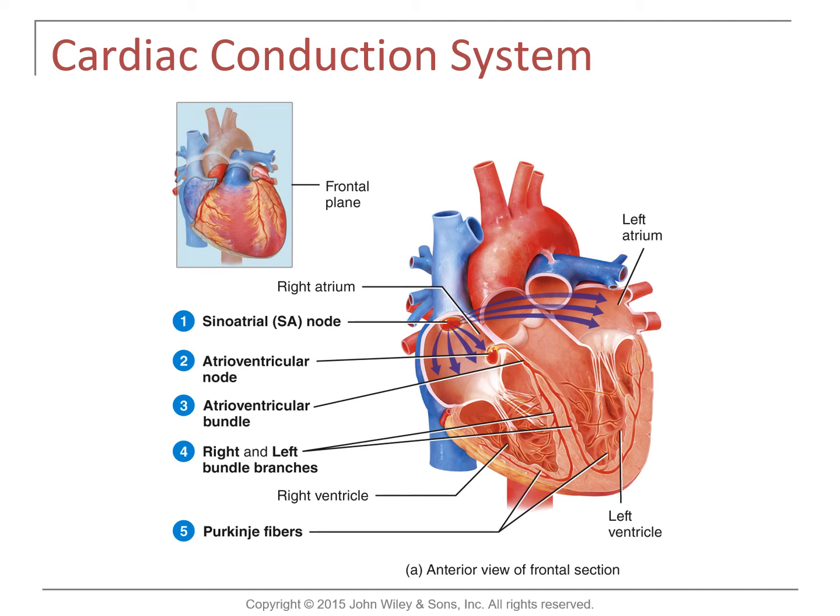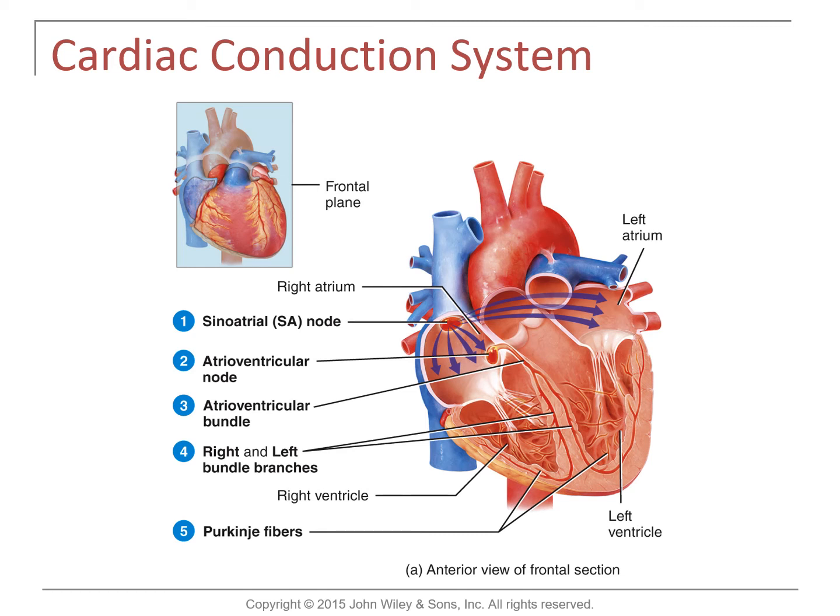The signal then passes to the atrioventricular or AV node located in the superior interventricular septum, and then down to the atrioventricular bundle or bundle of His. From there, the signal will pass via the right and left bundle branches located in the interventricular septum to the apex of the heart, and then to the Purkinje fibers that branch into the myocardium of the ventricles. These Purkinje fibers bring the signals to the ventricular myocytes, causing them to contract as a unit.